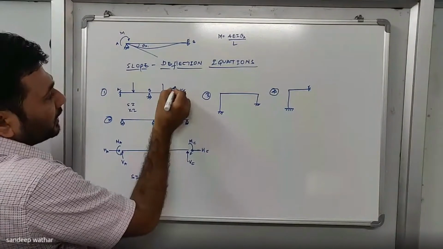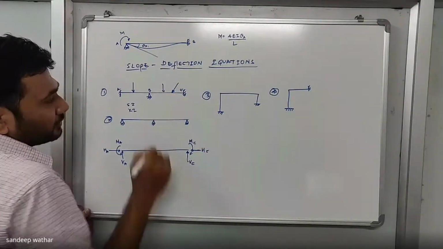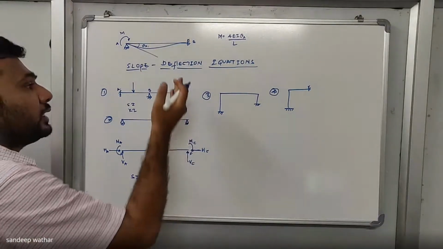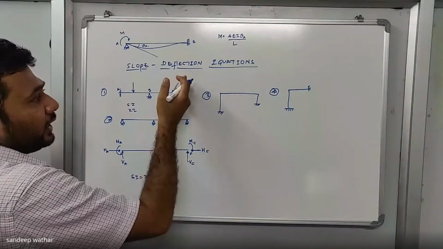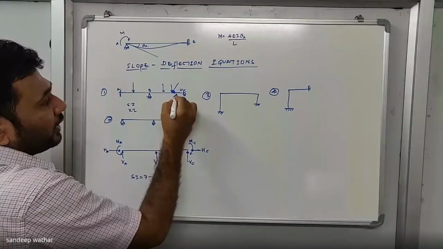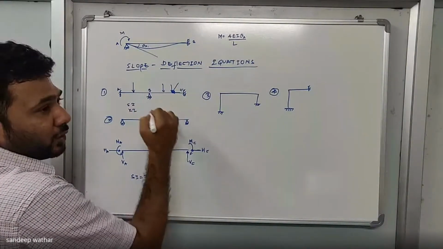Now, if I consider there is an inclined force like this, I hope all of you saw it in your previous semester, in your first year of engineering mechanics. There you would have seen inclined forces, right? These inclined forces may have two components, one vertical component and one horizontal component.